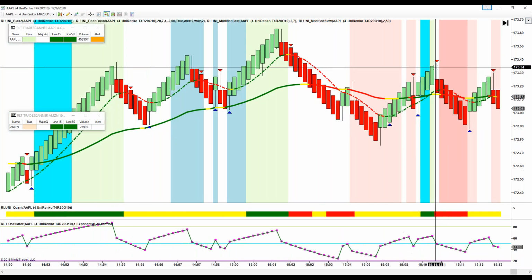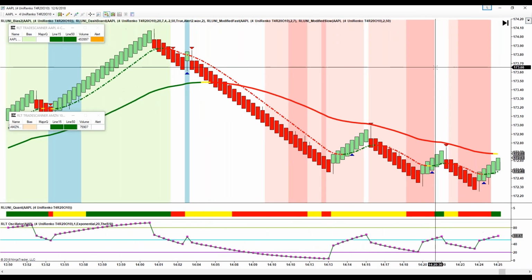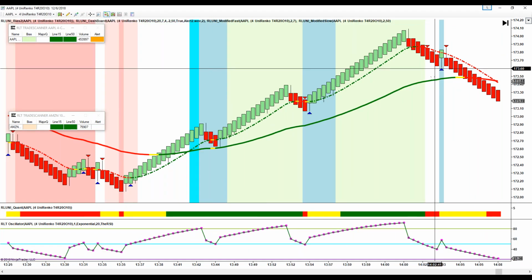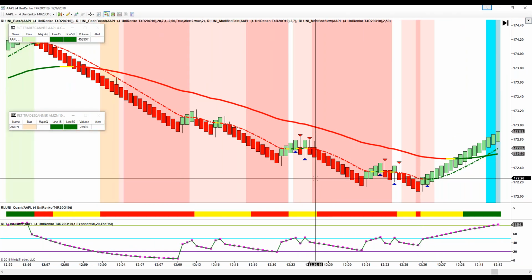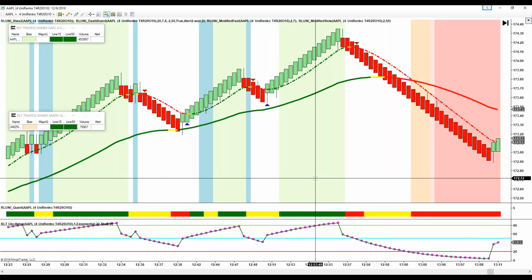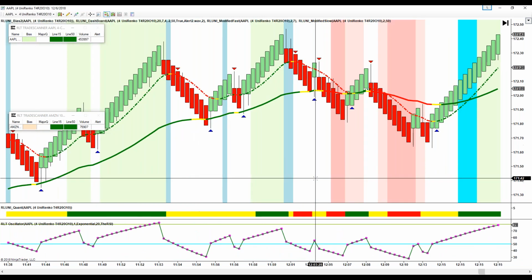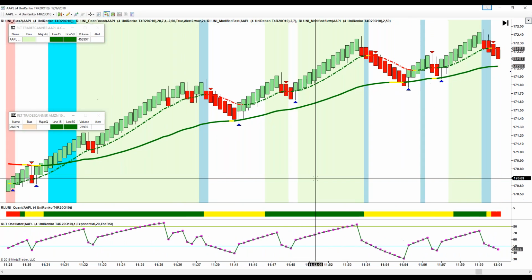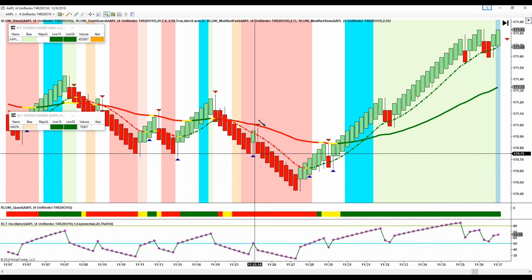And if we go through Apple, now this is a 4-unit Renko. And right here is a trade. Actually, not exactly. I don't want to show you in-betweens. I only want to show you the cream of the crop. Here's one right here.